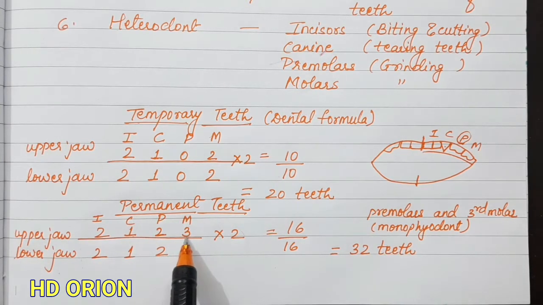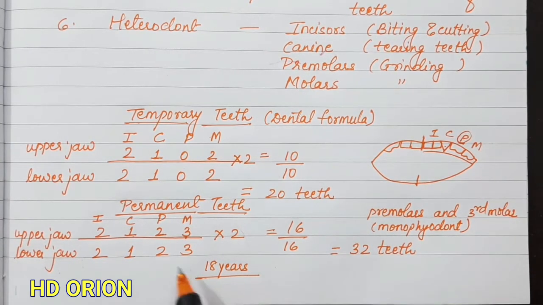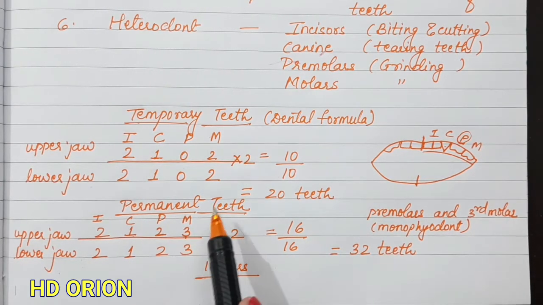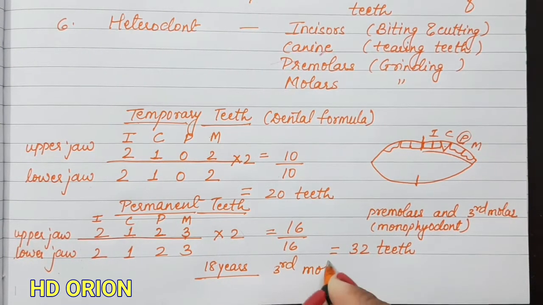The third molar usually appears after 18 years of age. We call this as the wisdom tooth. When you have attained enough wisdom, then the appearance comes, and therefore the appearance is there of the third molar. So the third molar is not present in the temporary teeth. We call the third molar as the wisdom tooth.